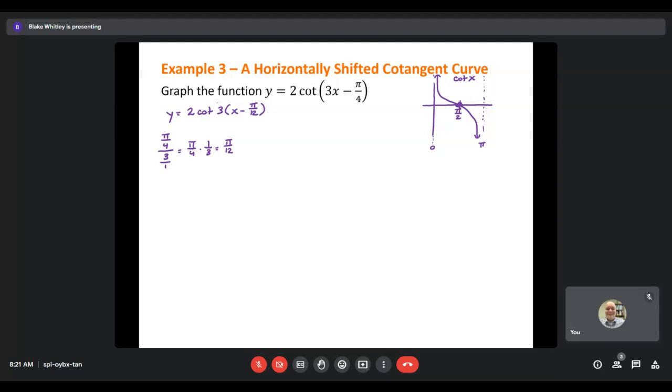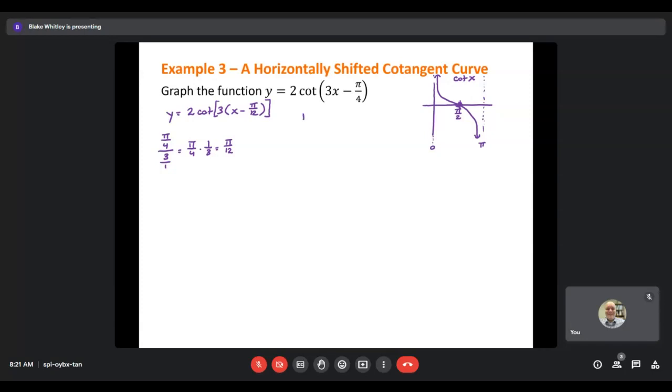Okay, so all of this now is inside that cotangent function. But again, anytime there's a number in front of your x, make sure you factor it out because that is going to change what the shift should be, right? So first thing we need to do, let's identify our period and any shift that we have, because then we should be able to sketch our graph from there.